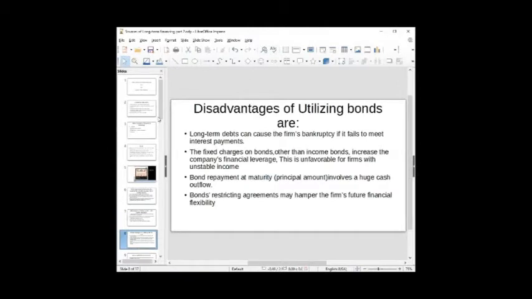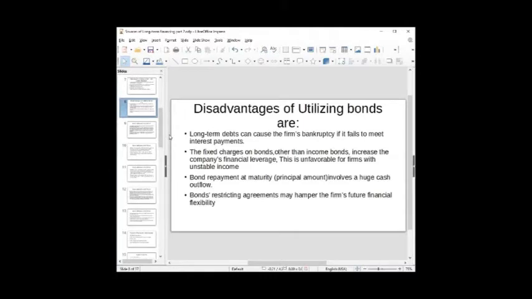So what are the disadvantages of utilizing bonds? The long-term debts can cause the firm's bankruptcy if it fails to meet interest payments. Failure to meet the payment will give the company penalty charges, and for that, interest might be in compounded computation. For that excessive unpaid interest, this may lead to the firm's bankruptcy.